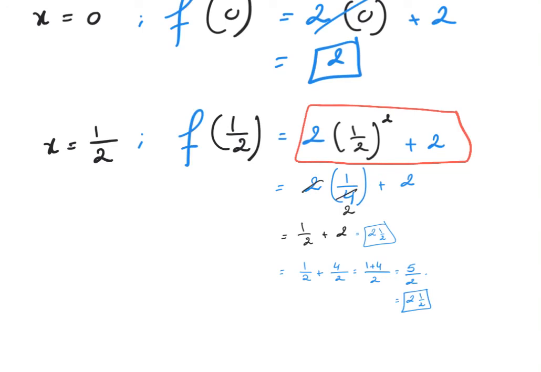So 1 over 2 squared is 1 over 2 times 1 over 2, which is 1 over 4. That's exactly what we have here. And then we have multiplication and addition. I can multiply first, I mean, I can simplify first. 2 goes into 4 two times. And that's why we have 1 over 2 plus 2, which is 2.5.